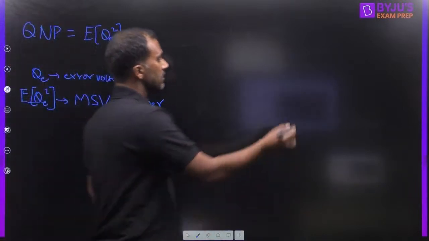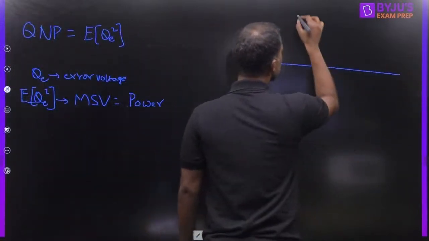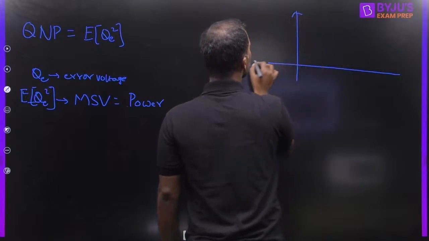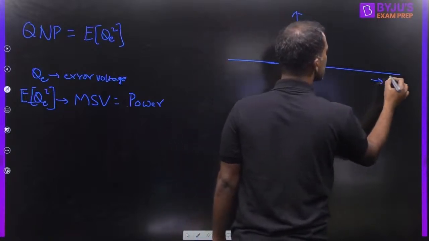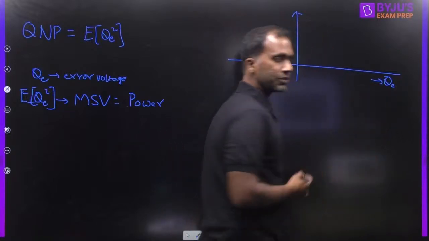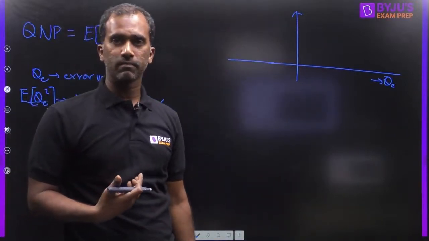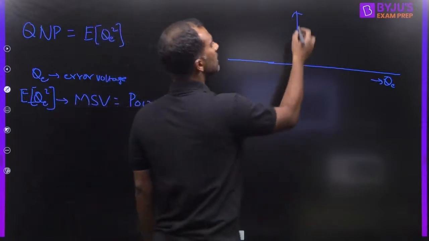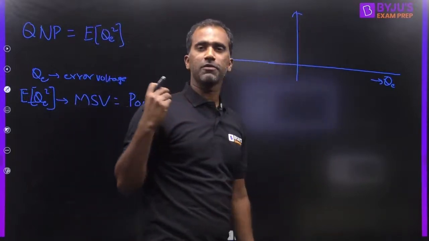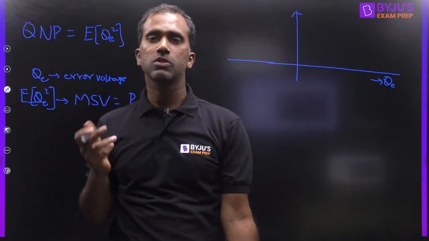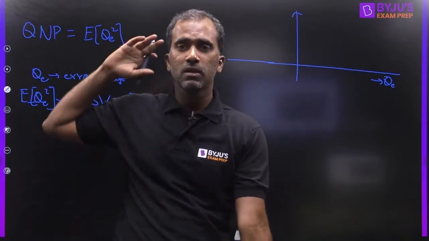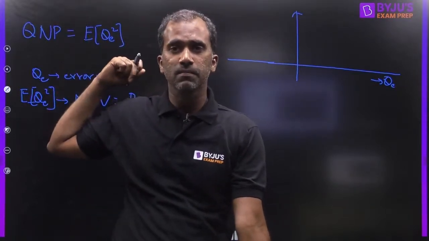Now let me talk about some basic case here. Since quantization error voltage is a random variable, can we plot its PDF? Yes, we can. Do we know the PDF of quantization error? We don't know, because quantization error PDF depends on the PDF of random variable x.